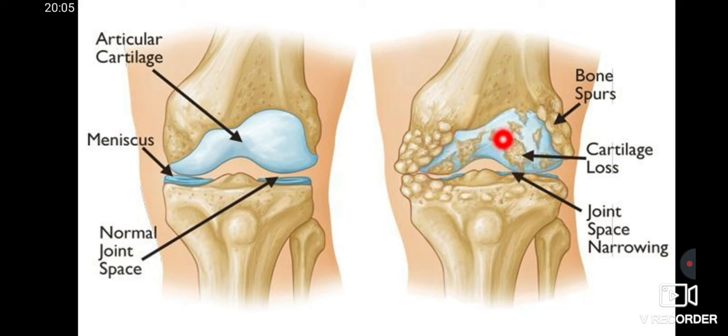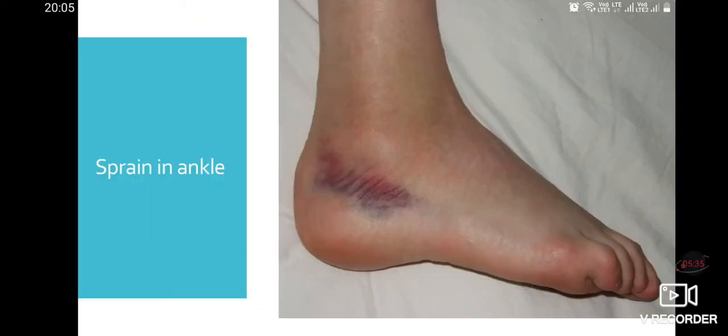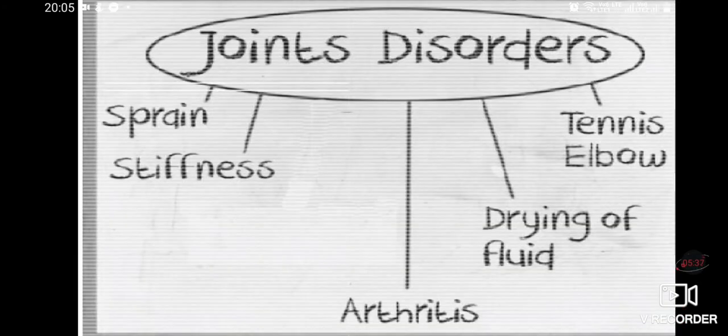If it is lost, then these bones will rub with each other and the joint space narrows. So children, we come to know about joint disorders. These are sprain, stiffness, tennis elbow, drying of fluid, and arthritis.